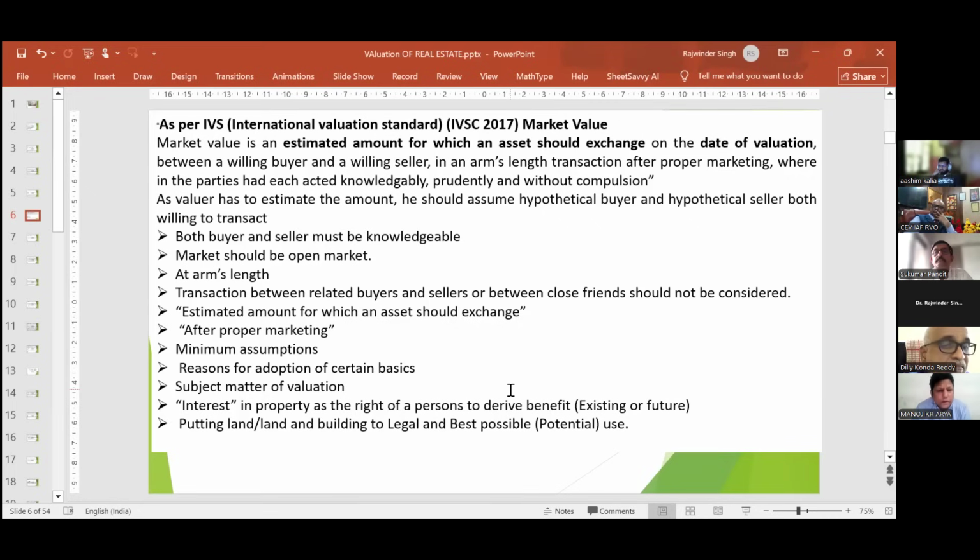So you should try to minimize these assumptions. Understood. We should make minimum assumptions as far as we can. It does not mean that you assume that the value is 2 lakhs.